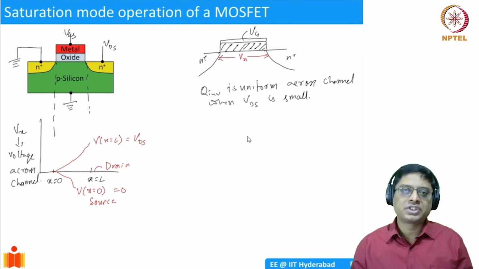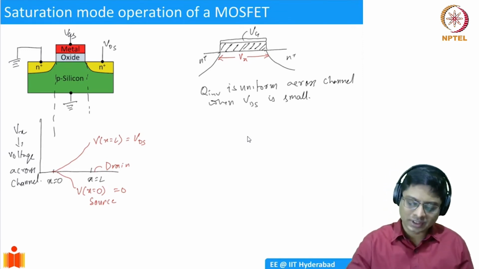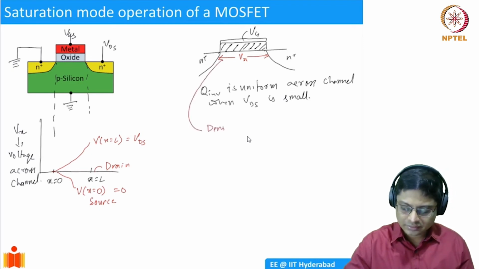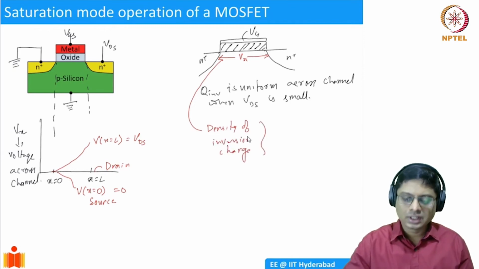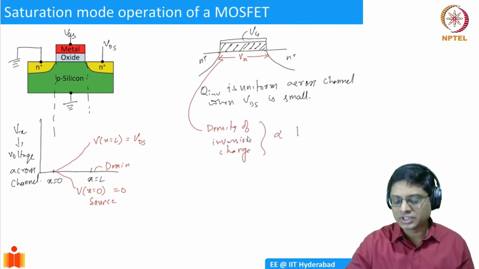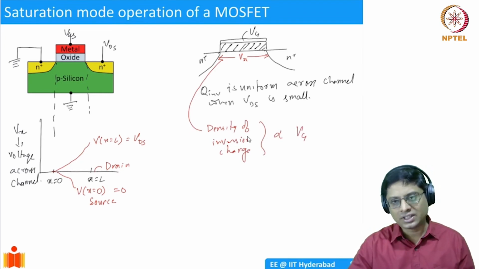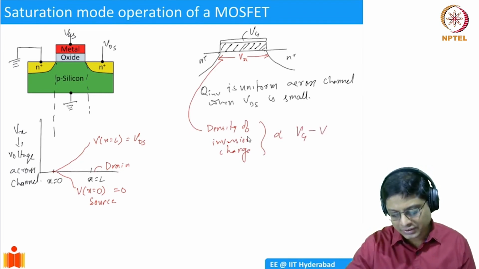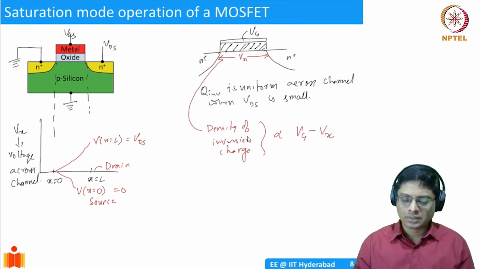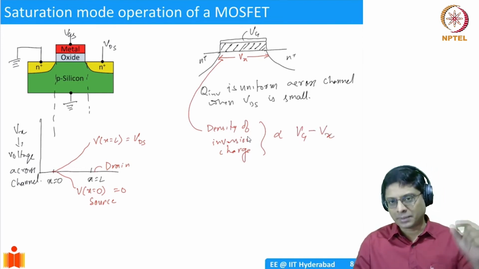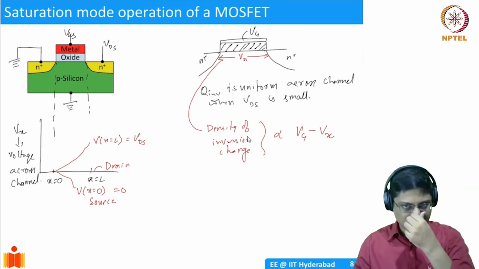So the amount of inversion charge will vary across the channel. For example, at the left end, what is the density of the inversion charge? What is it dependent on? Well, it's proportional to how much gate voltage I have, right? But it's not just that, it's going to be a function of X as well, because of Vx, the voltage just below the gate oxide.